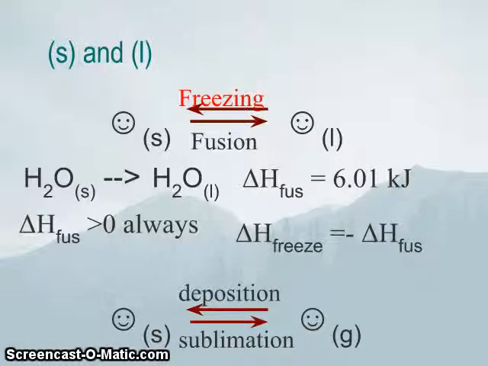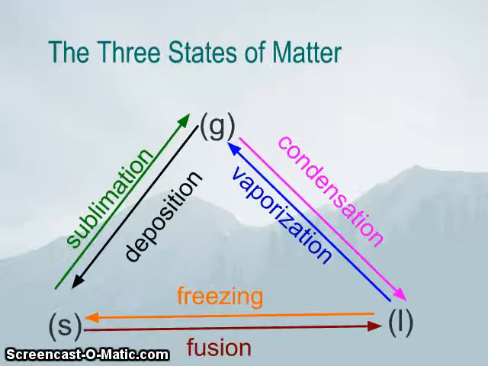The most common example of sublimation is that of dry ice. Dry ice goes directly from a solid to a gas and never goes through a liquid. That's why it's referred to as dry ice. And so here's a review slide, if you will, that helps you remember all those different phase changes and what we call each one of them.